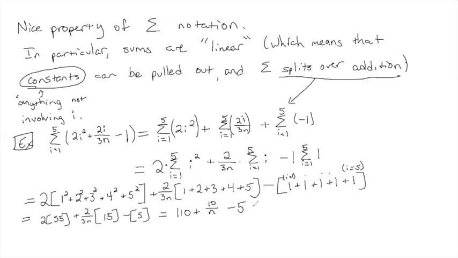Minus 5. So it's just 105 plus 10 over n. And I could get a common denominator and rewrite that. But this is how you expand and compute a sum. And the sum becomes much easier when you can pull everything out that doesn't involve I. And that's a lesson that you're going to want to keep in mind when it comes later.